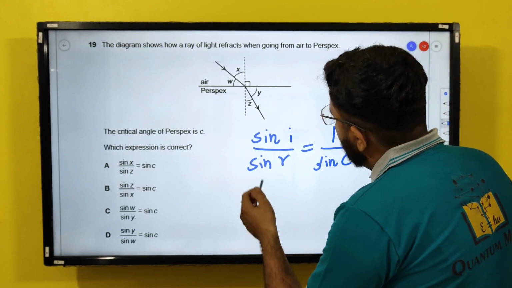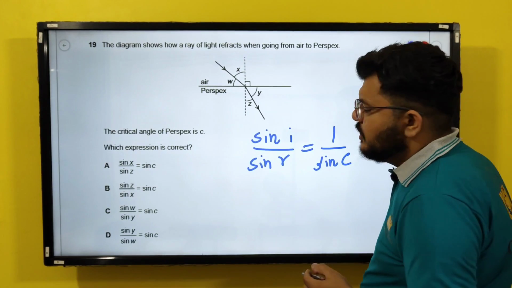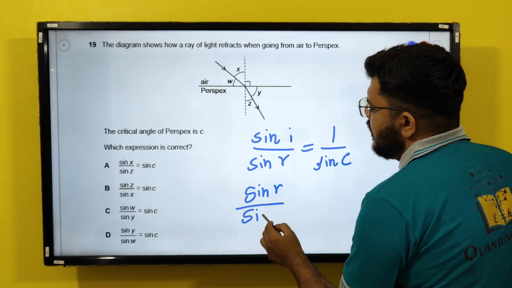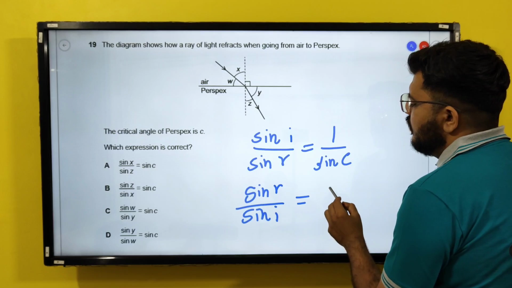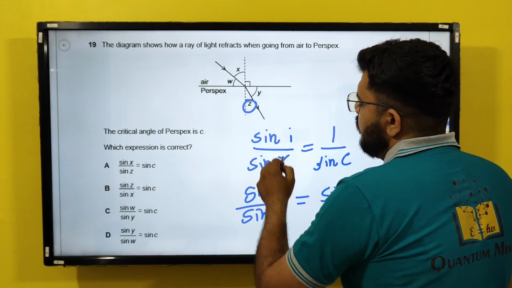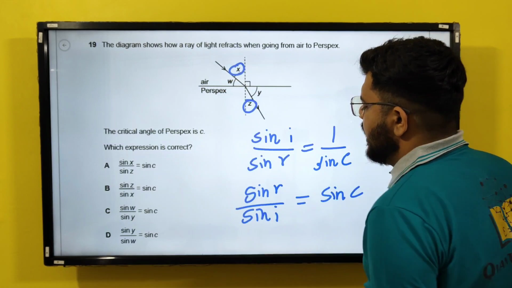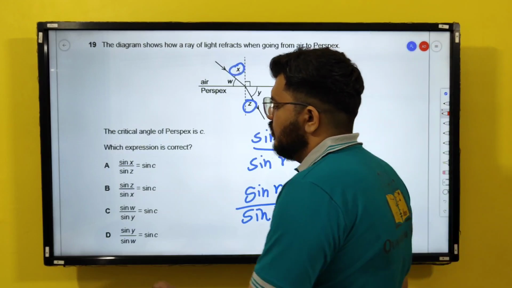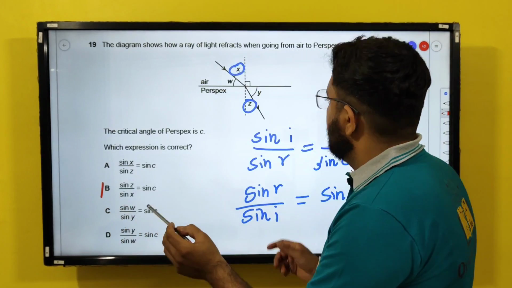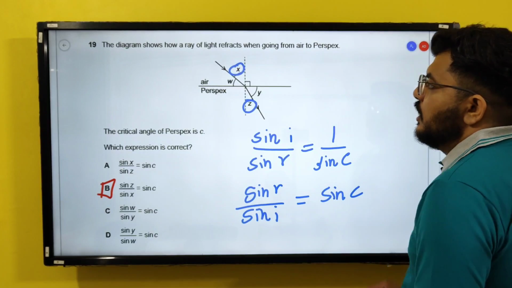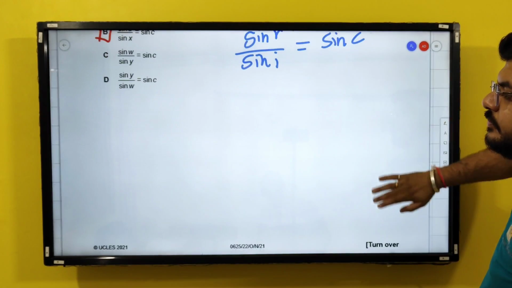Now in all the options sin C is in numerator, so can I write sin R upon sin I is equal to sin C? What is sin R? It's Z. What is sin I? It's X. So sin Z by sin X is equal to sin C. Yes, so option B is your correct answer.